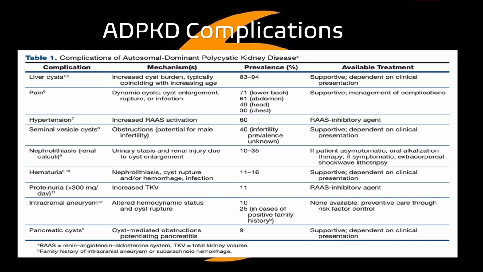So, for example, if recipients have a complication where, apart from the kidneys being affected, there may be liver cysts or hepatic cysts evident as well. The mechanism around this can include an increased cyst burden or impact, and typically coincides with increasing age, and it's been evidenced in around 83 to 94% in context of prevalence.